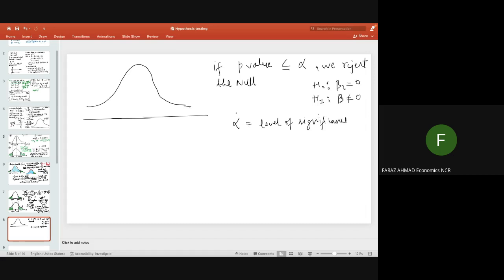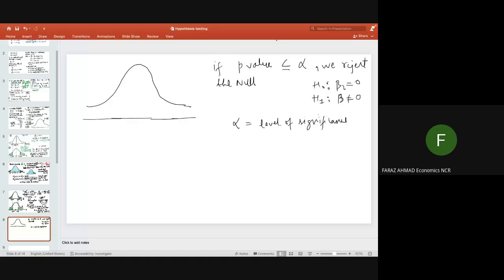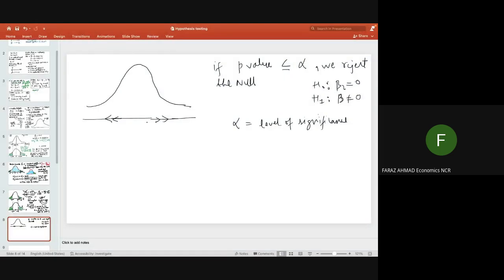So what is level of significance? Now, the question is how much is alpha, right? The p-value will become lower and lower if we move towards the tails. If we are moving towards the tails, the area under the tails is getting smaller and smaller.